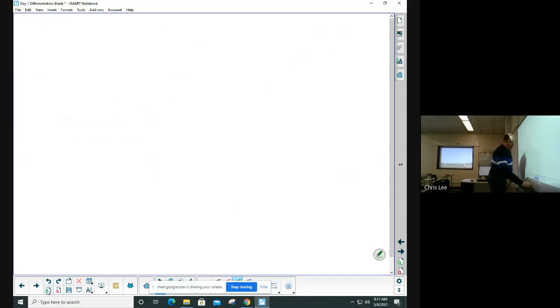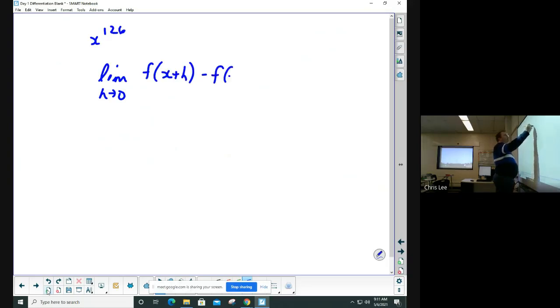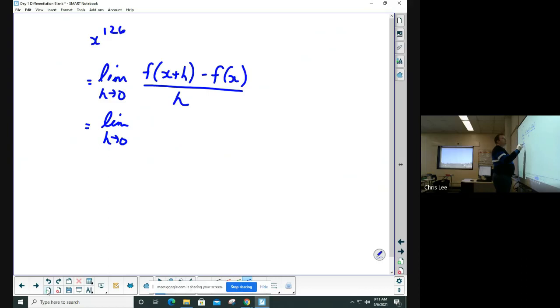Yesterday, don't write this down, if it was x to the power of 126, we would have to say the limit as h approaches 0 of f of x plus h minus f of x, all over h. This would be x plus h to the power of 126 minus x to the 126, over h.